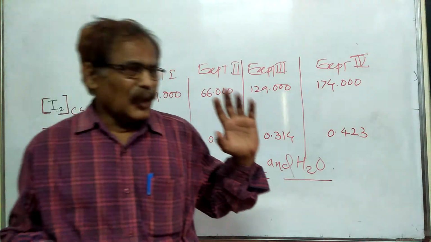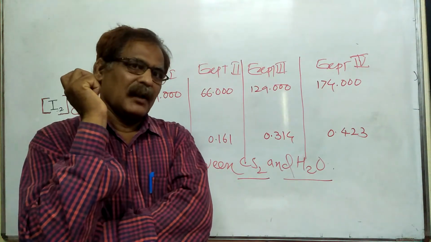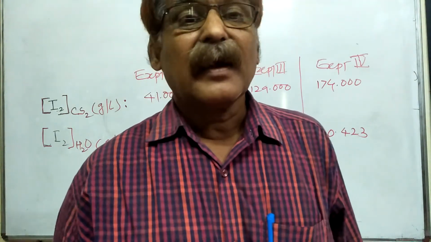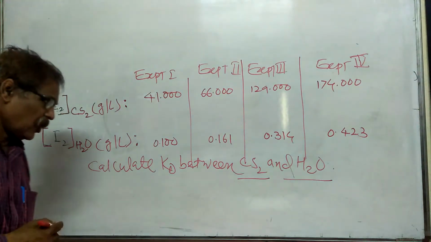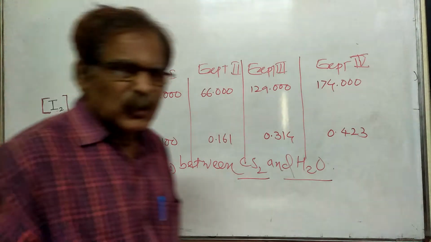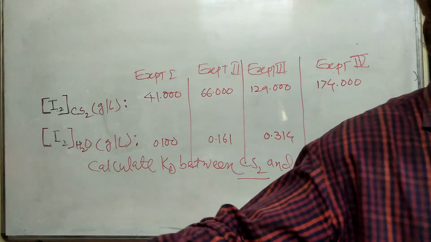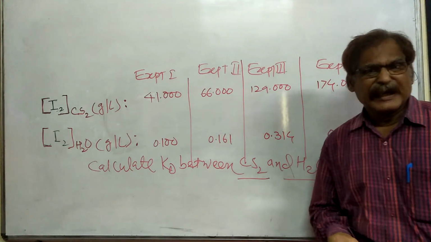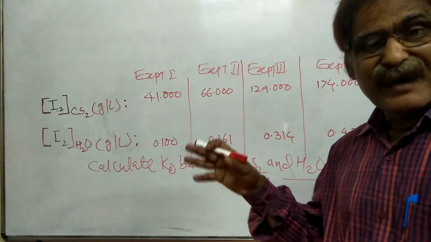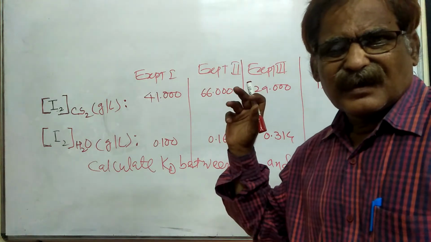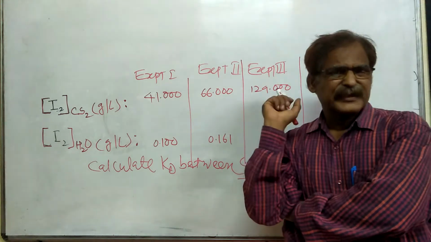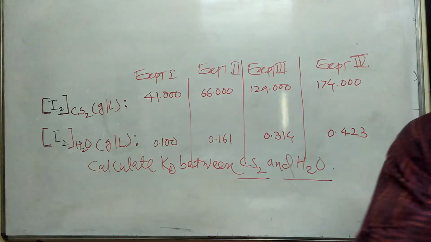Once we understood this, the next thing is we have to apply at first Nernst distribution law to the given data and find out the partition coefficient of iodine between carbon disulfide and water. We know that iodine in this particular case may exist as a normal molecule in both the solvents, or it may exist as associated molecules in either of the solvent. So let us see at first how we can find out the partition coefficient of iodine between carbon disulfide and water.